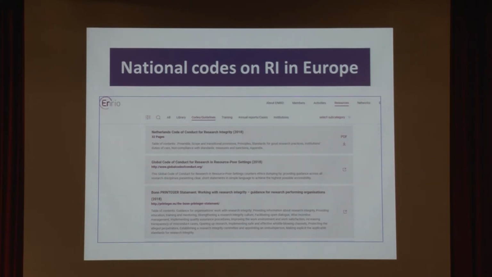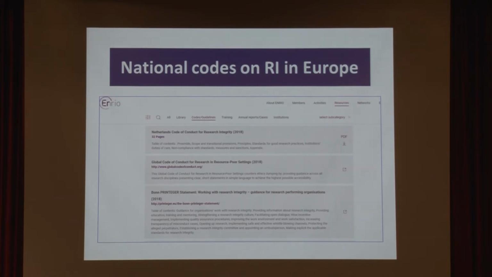So institutions are now expected to have professionals who will deal with this, and who would also help people understand these requirements and really publish research and do research that has integrity. So you can go there and, for example, there's a very recently published Netherlands Code of Conduct for Research Integrity at the national level.